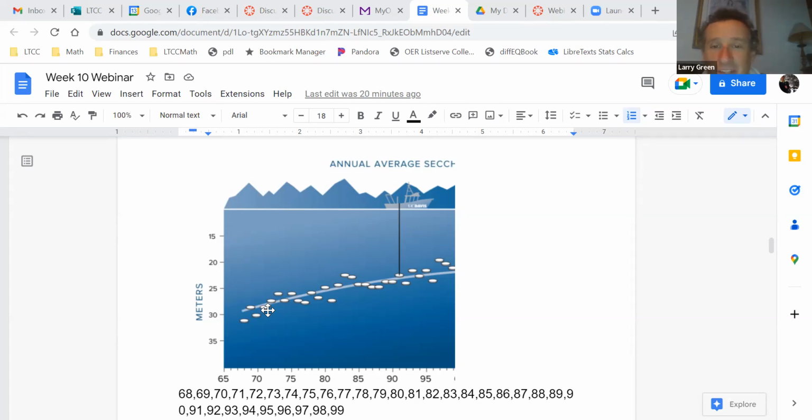Here's a trick question. Is the slope of the line positive or negative, this line? What do you think? Either? Definitely not neither. The hint was, it's a trick question.